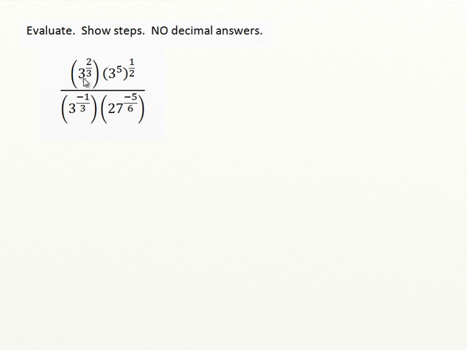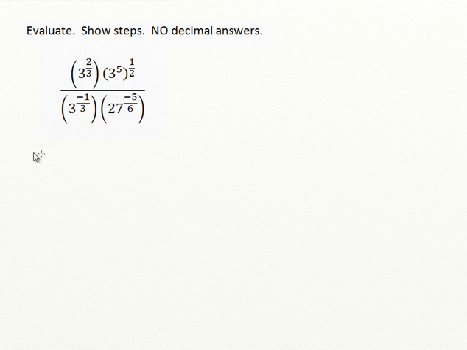I see that I have a lot of base 3 sitting around here. I have 3 to the exponent 2/3, 3 to the exponent 5 raised to the exponent 1/2, etc. And then the odd base out is this 27 here. Very similar to the last question, if I wish to use the exponent laws to help me out here, I need all these bases to be the same.